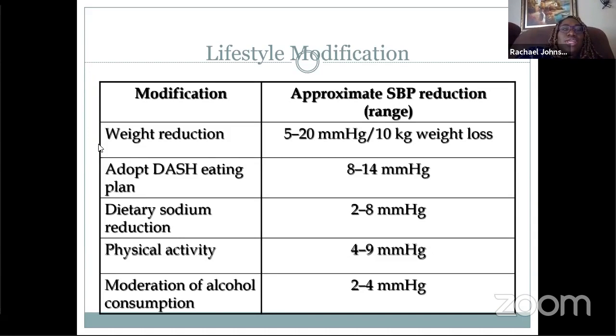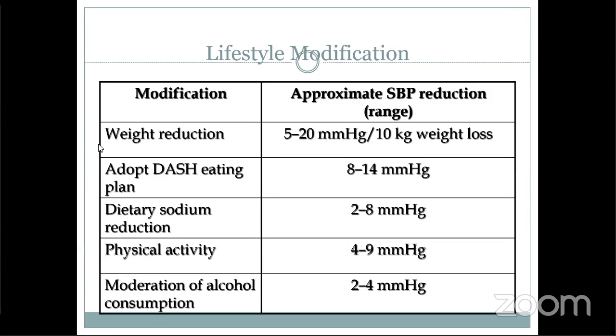The diastolic is the one on the bottom, which is 80, and the upper one is the systolic blood pressure. If your blood pressure is within the range of 140/90, for instance, and you are able to lose 10 kilograms of weight, you can drop it by between 5 to 20. He's just trying to show the improvement you will get if you actually lose that much weight.